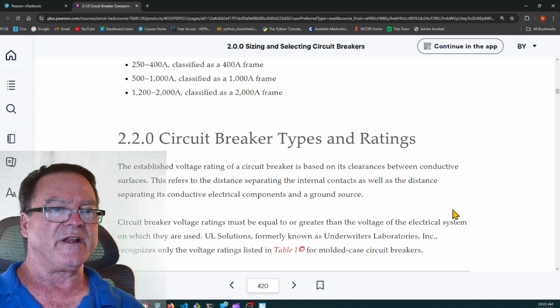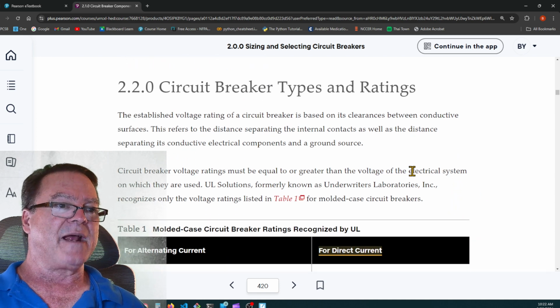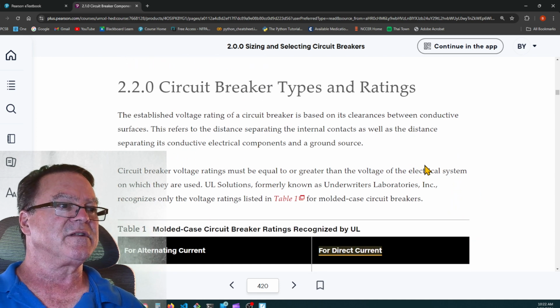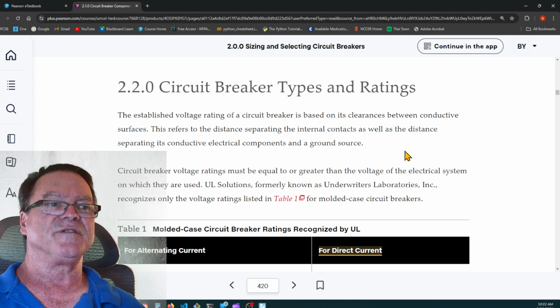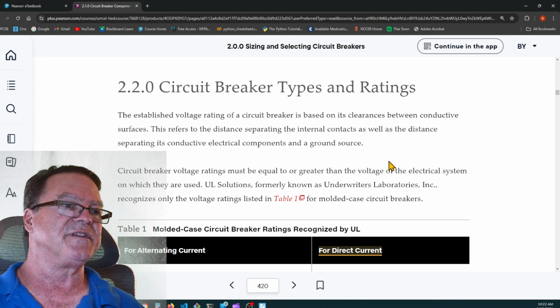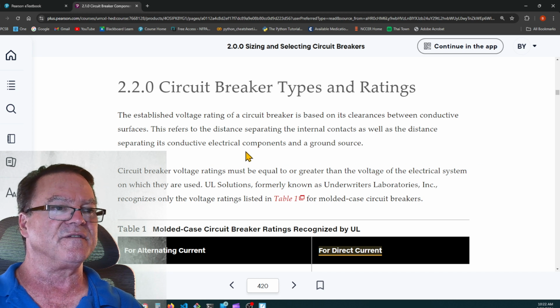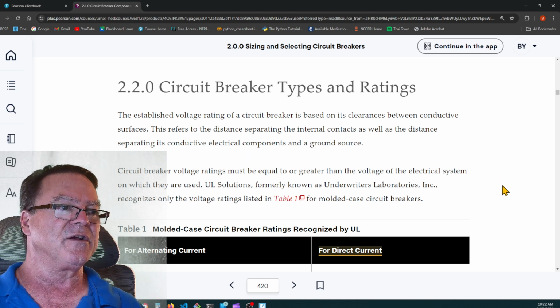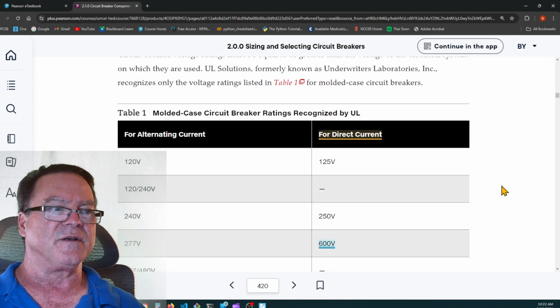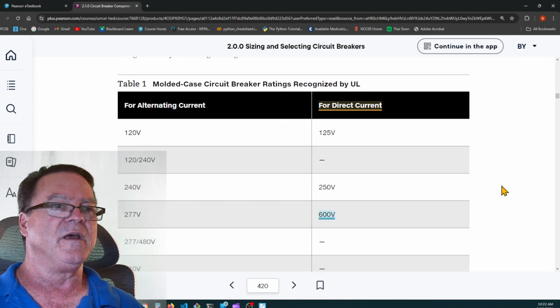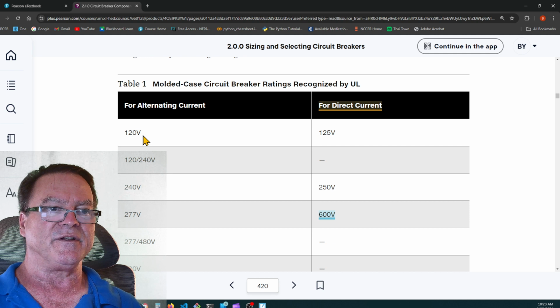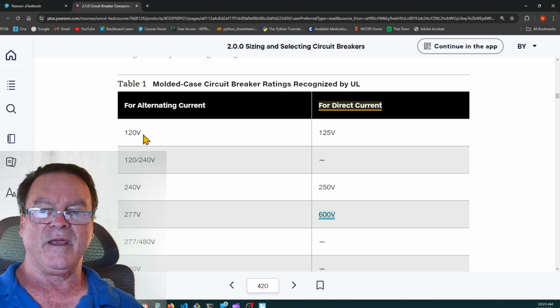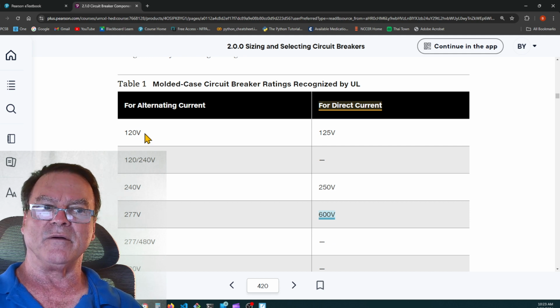Circuit breaker types and ratings. The established voltage rating of a circuit breaker is based on its clearance between conductive surfaces. This refers to the distance separating internal contacts as well as the distance separating its conductive electrical components and a ground source. So you've got to make sure that you're not going to have an arc going to ground.